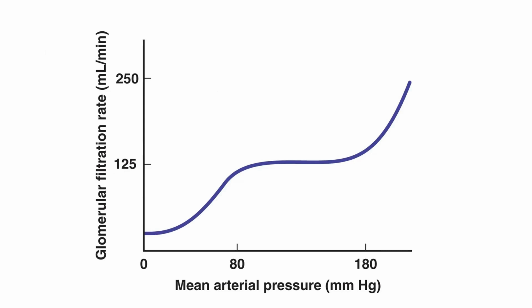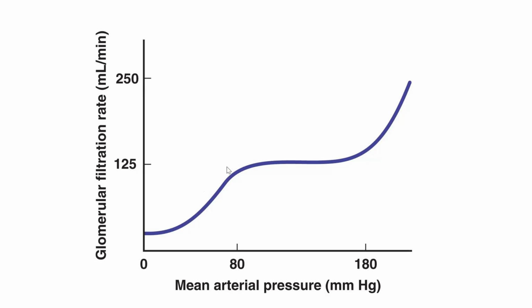If it goes from 90 to 120, GFR stays at 125. As long as it doesn't go above 180, which is where we start to get into extreme scenarios, we do our best, right? The kidneys, via some mechanisms that we're going to talk about in a minute, do their best to keep that GFR at 125, even in the face of a fluctuating mean arterial pressure, as long as it's not below 80 or above 180, okay?